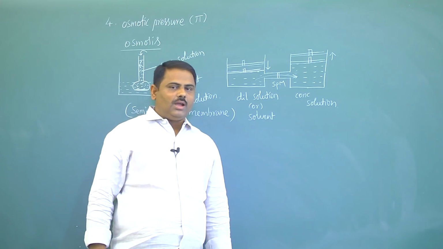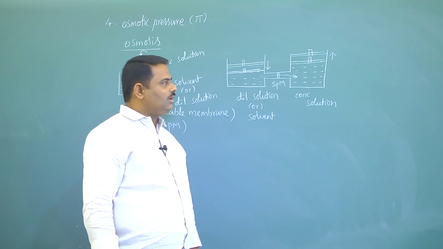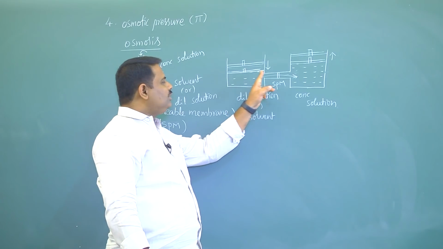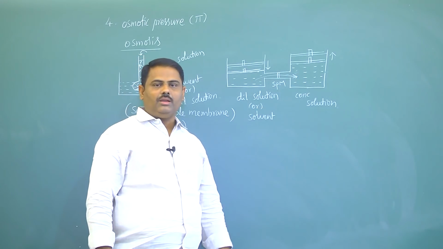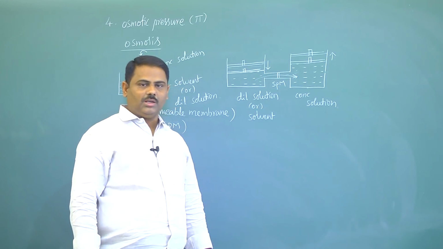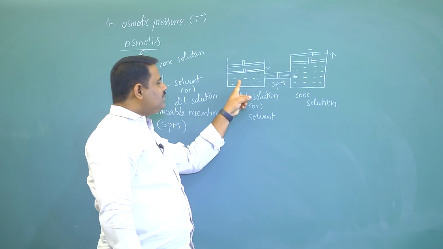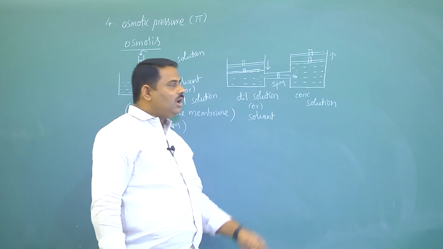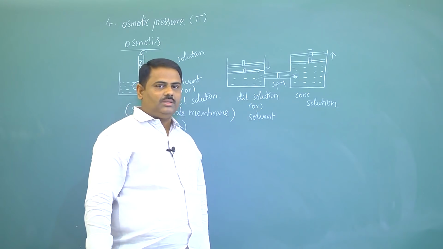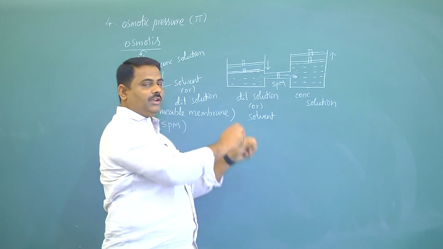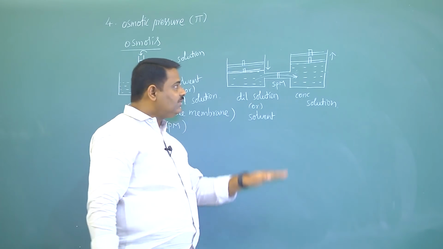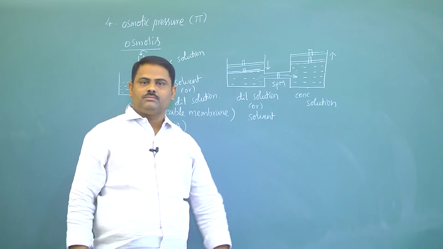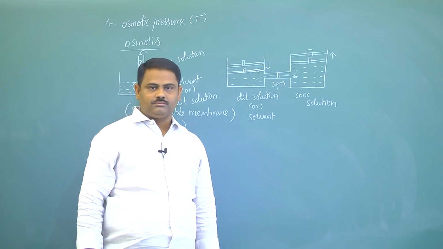Now why is this osmosis process stopped here? Both the solutions are attaining equilibrium. That means this is dilute solution, this is concentrated solution. After osmosis process both the concentrations get equal. That's why this process is stopped. It reaches equilibrium.